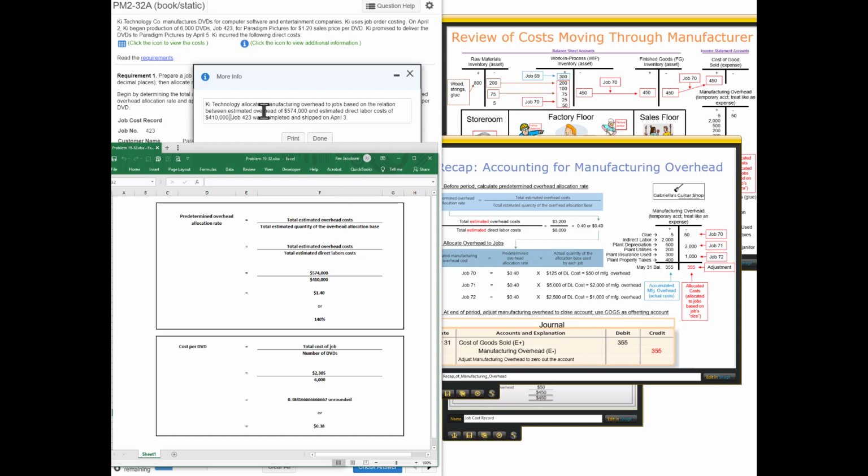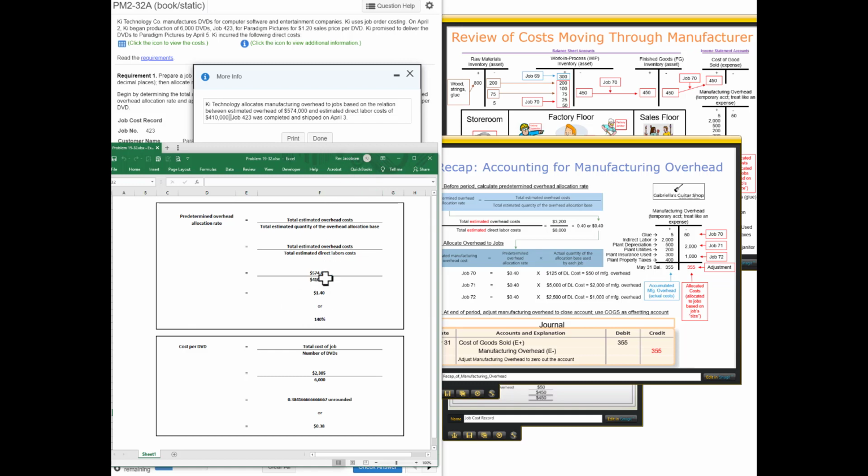So the estimated overhead costs are 574, so I've placed that on top. And the overhead allocation base is direct costs. And they expect the direct costs to be 410. So we're going to take 574 divided by 410, which I've done here. And that gives us $1.40 or 140%, whichever way you want to think about it.